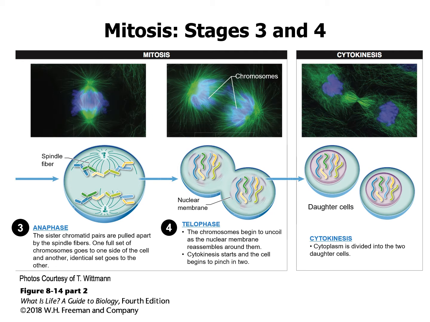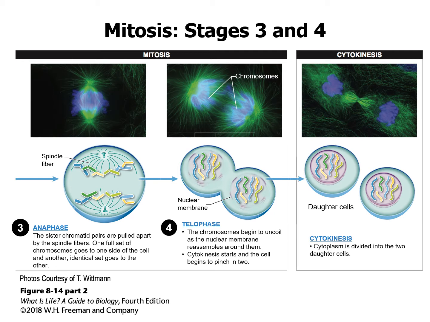From anaphase, we're going to start to see a little bit of cleavage being created between where those new cells are starting to develop, and that is telophase. In telophase, the chromosomes are going to begin to uncoil, and that is because the nuclear membrane is starting to form, and then cytokinesis is going to start, which again, it's sort of part of mitosis, part of interphase.